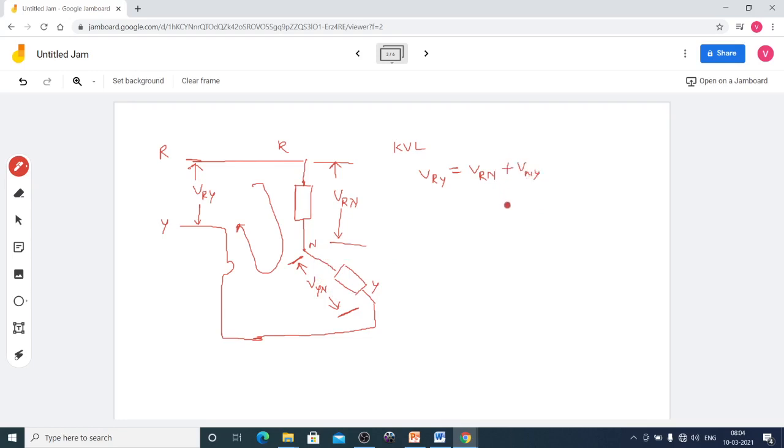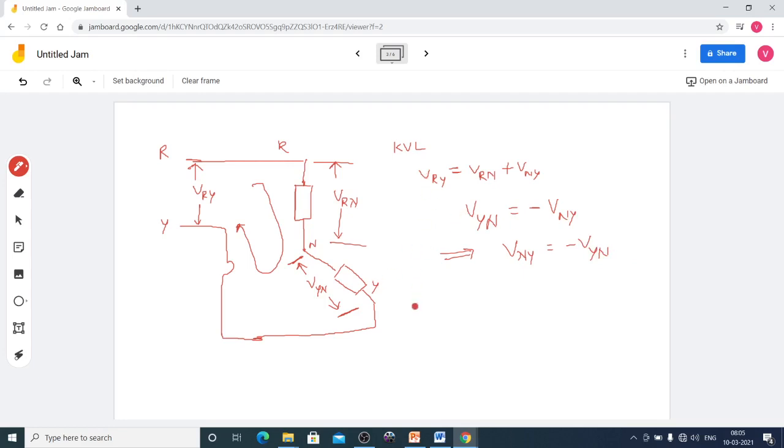But unlike DC systems, in AC systems, if you change the direction, the phase shift will change. So VYN is equivalent to minus VNY, and from this we can write VNY is equal to minus VYN.